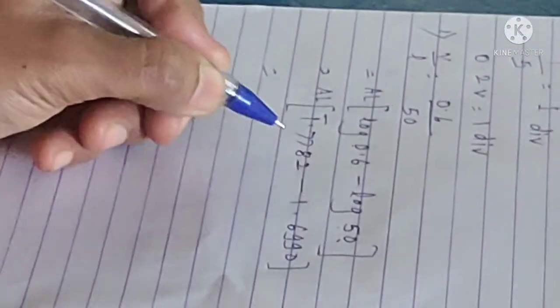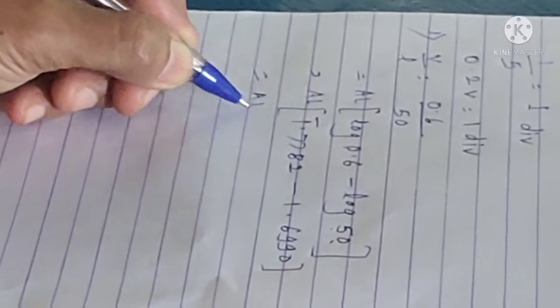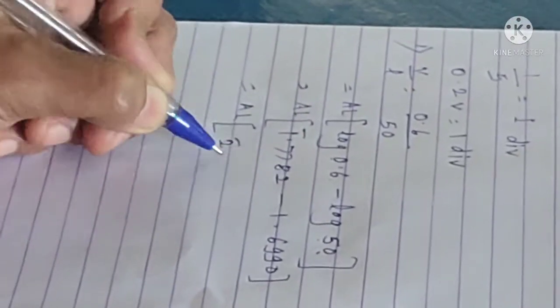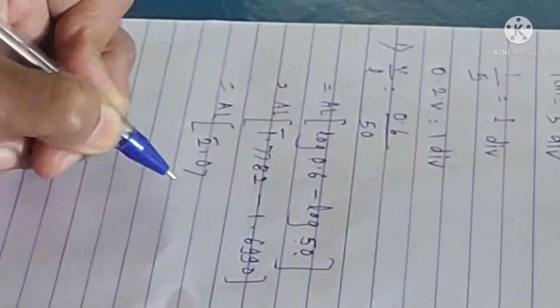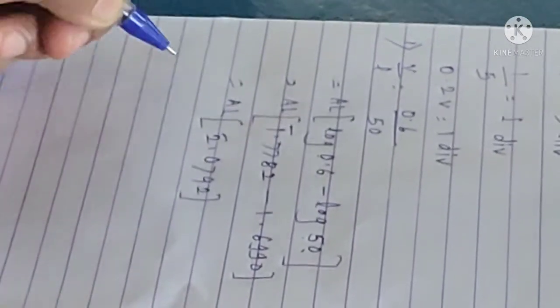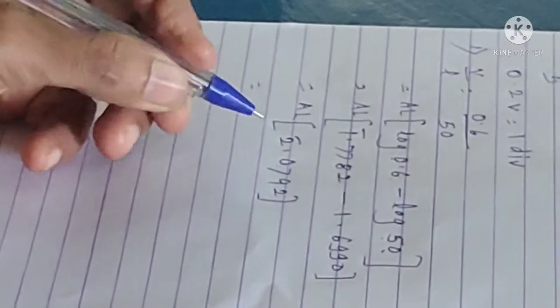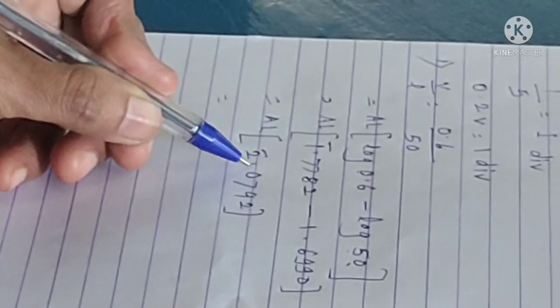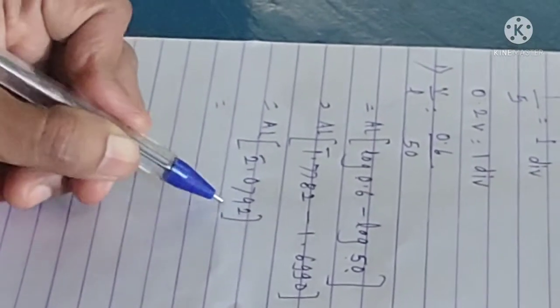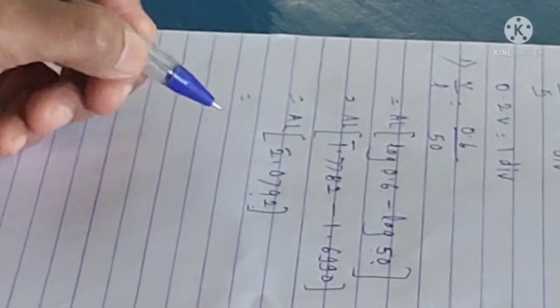After subtracting both these values, the subtraction is bar 2.0792. Finally the answer comes by taking the anti-logarithm of 0.0792.